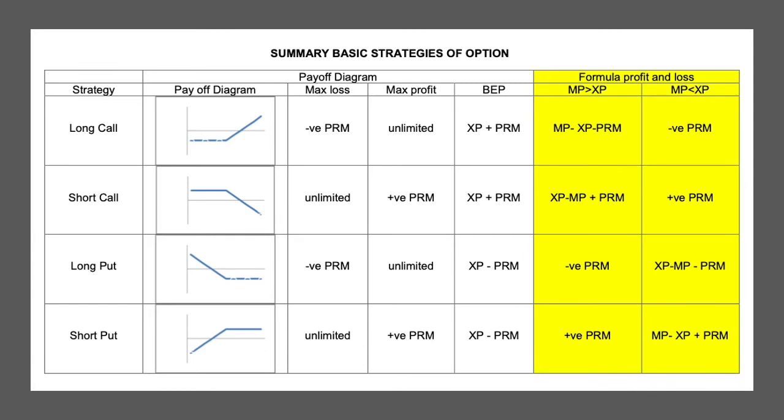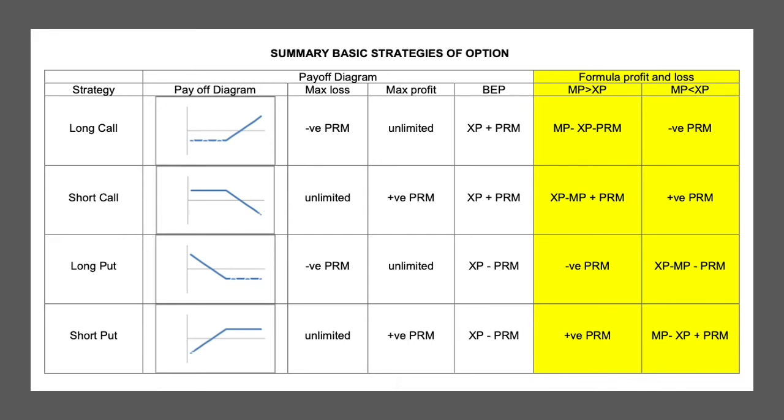So this is the summary, basic strategies of option. So to answer option question, you must remember this table, okay? If you look at this table, we have 2 parts. The first part represents the formula and the shape of the payoff diagram.